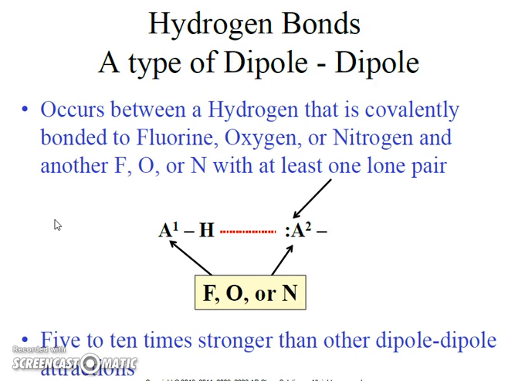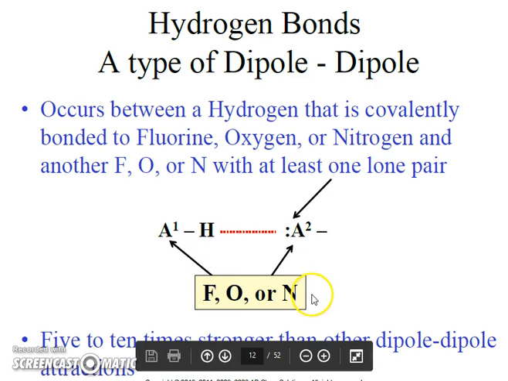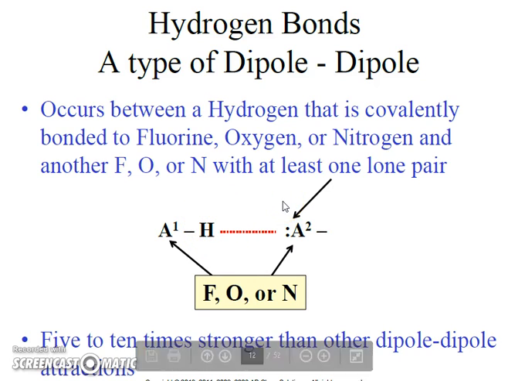It's the intermolecular force that happens when you have a hydrogen bonded to fluorine, oxygen, or nitrogen that then attracts another slightly negative end of another polar molecule. So it's not this attraction between hydrogen and what it's attached to, it's hydrogen and a negative end on another molecule. Okay? So, significantly stronger than any other dipole-dipole interaction.